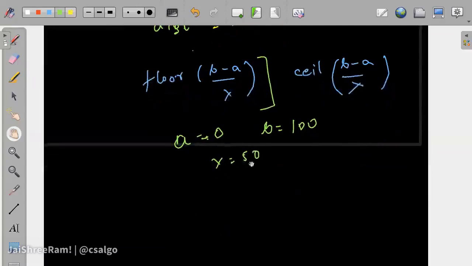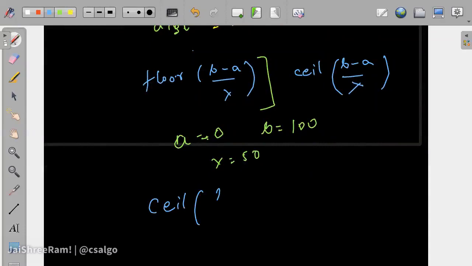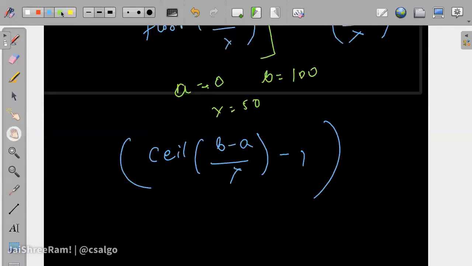Okay, so if I write a one liner formula for this particular thing, it should be ceil of (b minus a) by x, minus 1. Okay, this is correct. Now why is this working? Because let's just take two cases. There are only two cases possible: if it's perfectly divisible and if it is not. So let's say a is equal to 0 and b is equal to 100 and x is equal to 50.